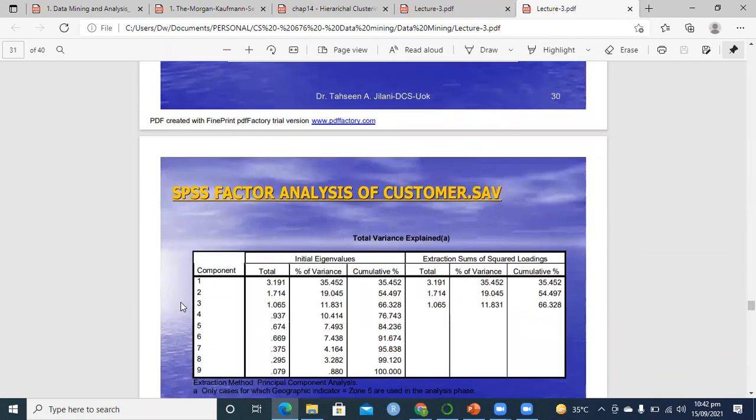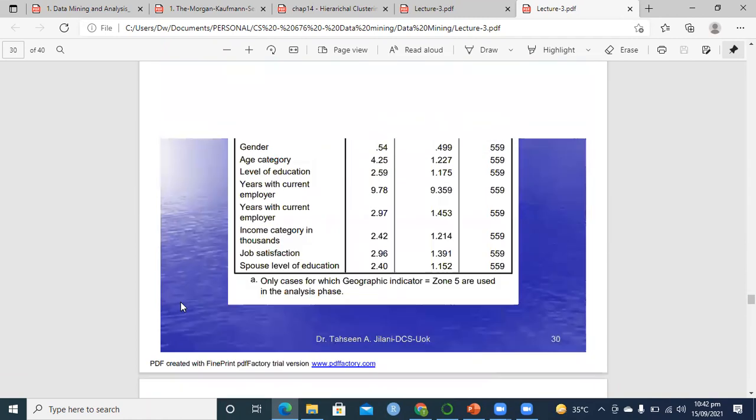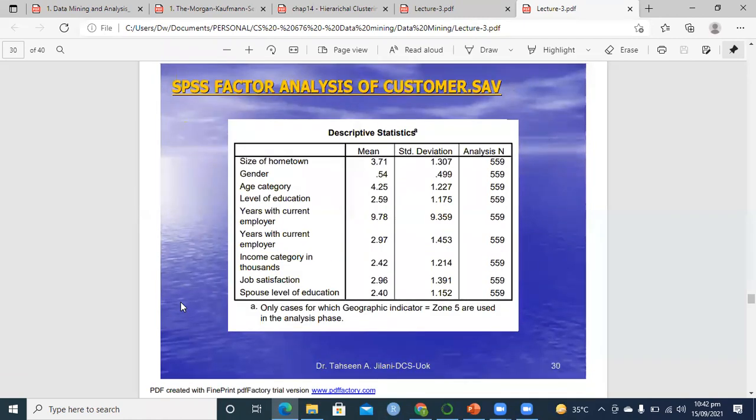Descriptive statistics, SPSS output for some data. In SPSS, it is very easy to perform principal component analysis, but the problem is that SPSS has 5 times 7, 35 different methods of doing PCA. It will confuse you.